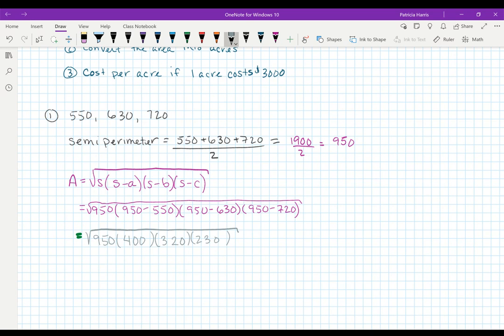That's a big number. Okay, so now I get to take the square root of that. You want a good scientific calculator to do this problem.